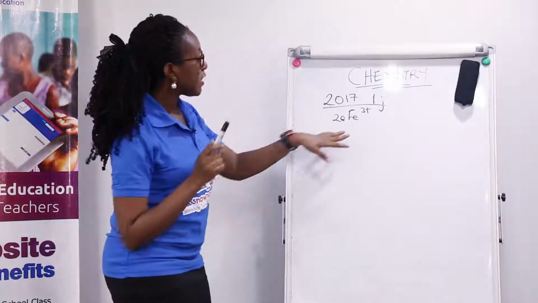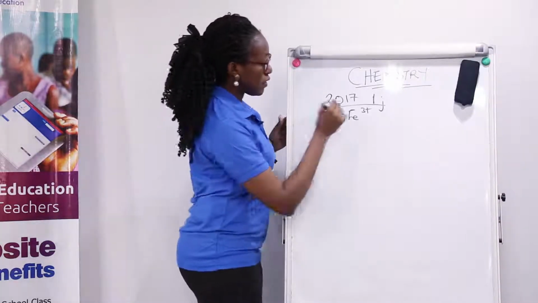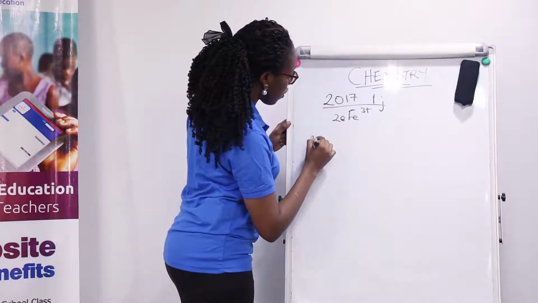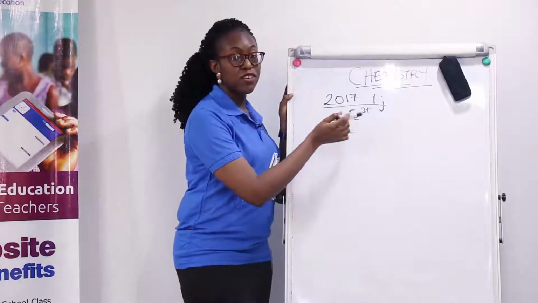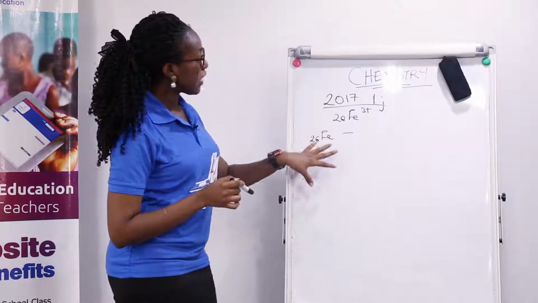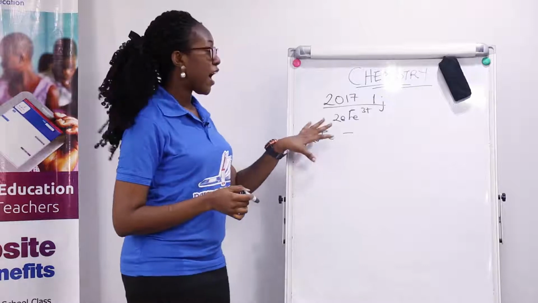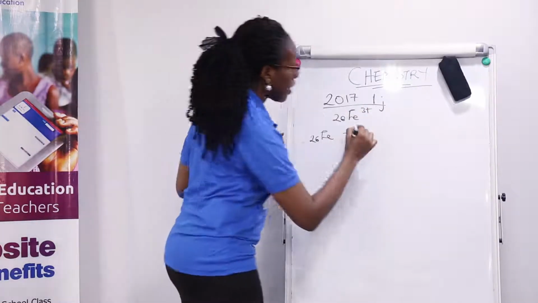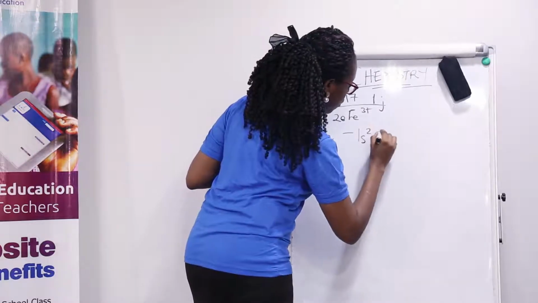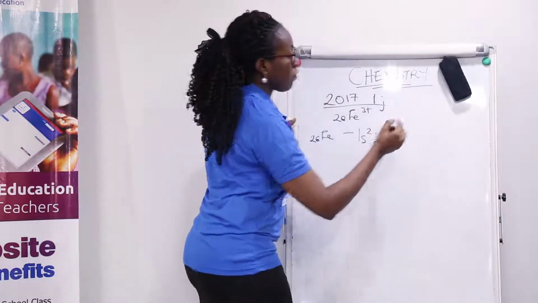First, before we write this, let us write the electron configuration for iron without this 3+, which is 1s2, 2s2.